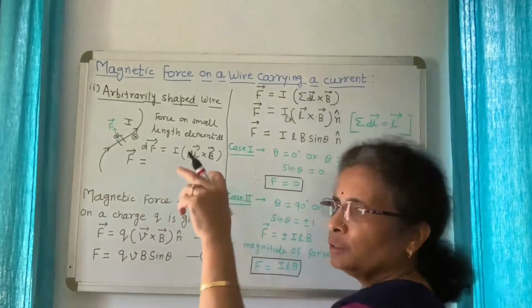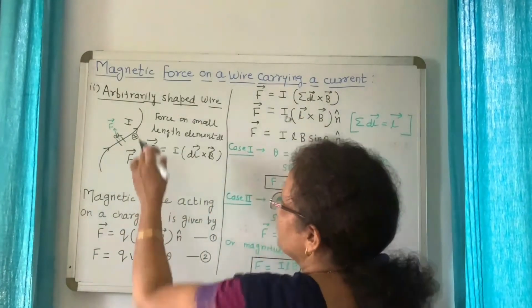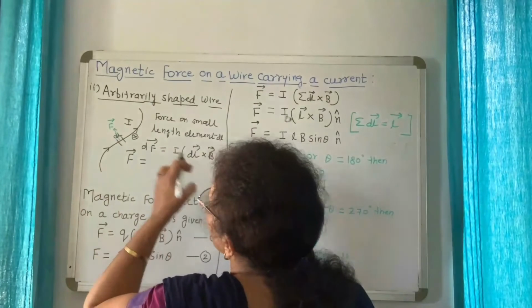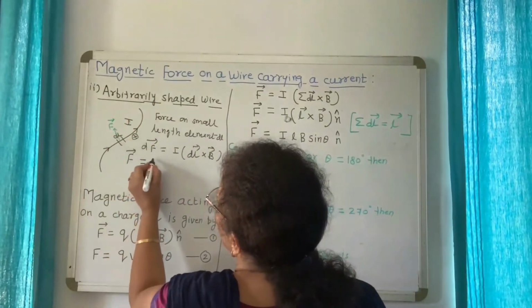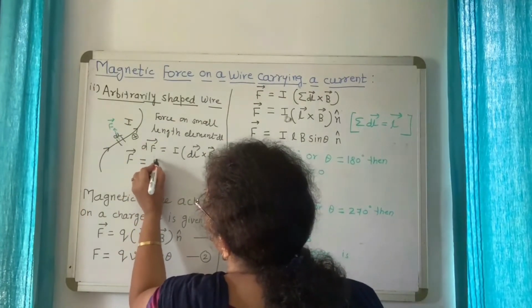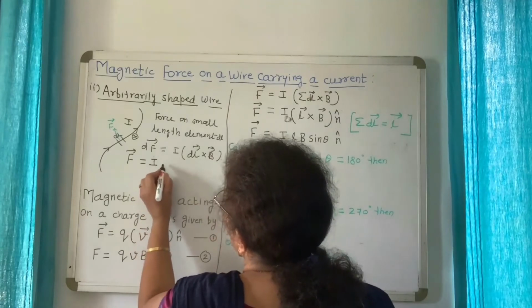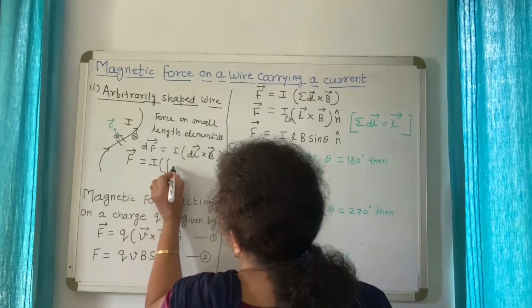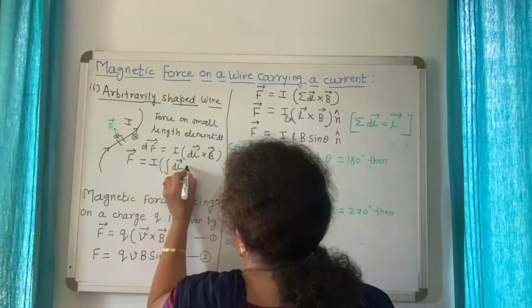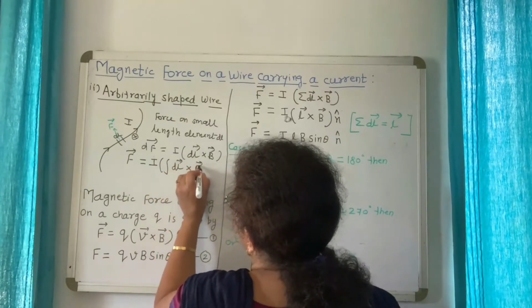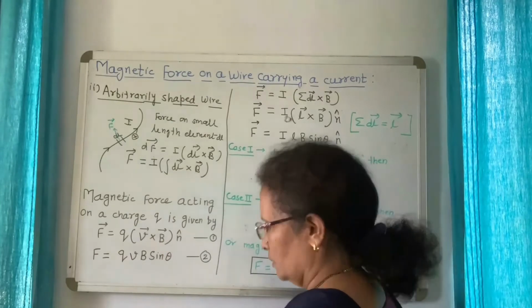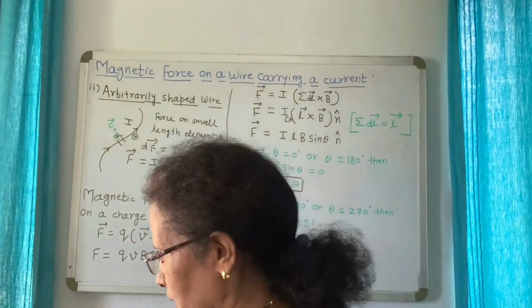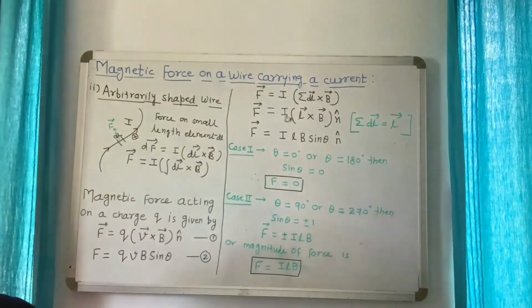Because it is an arbitrarily shaped wire, this summation converts into an integration. So F is equal to I times the integral of dl cross B. So this is the force acting on an arbitrarily shaped wire.